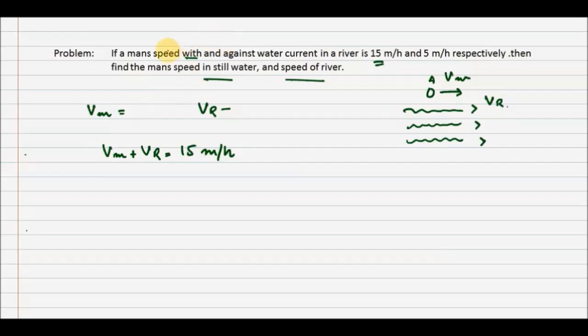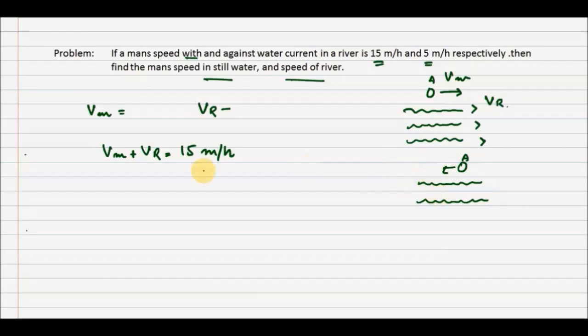Then the question says the man's speed against the water current is 5 meters per hour. So what does this mean? If this is our water current, the person will not be traveling in this direction, but in the opposite direction.